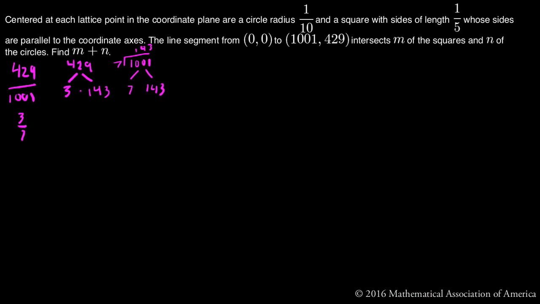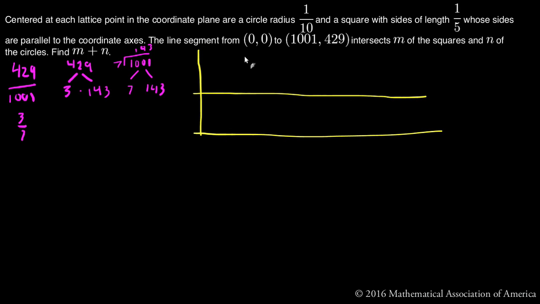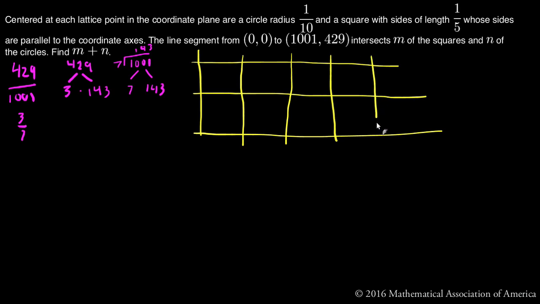In here, we have a grid. Let me make a little grid for us, relatively small. Every time I go over 1 unit, I go up 3/7. So let me try to break this into sevenths: 1, 2, 3, 4, 5, 6, and then the 7th is up there.